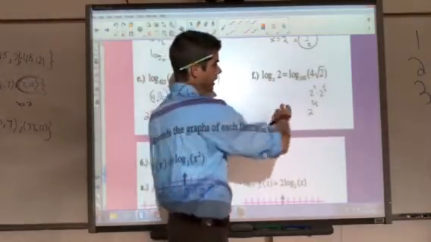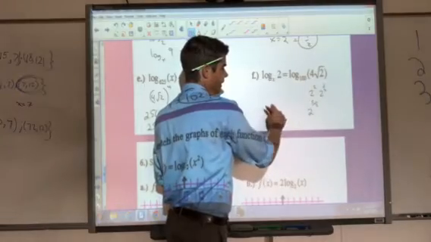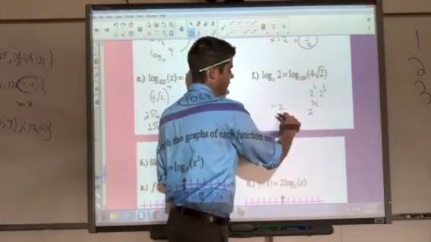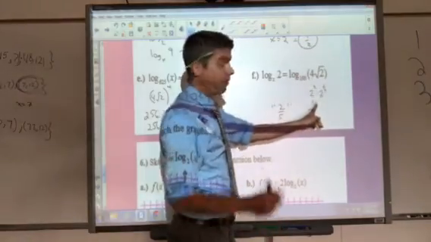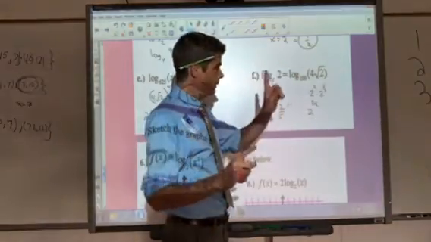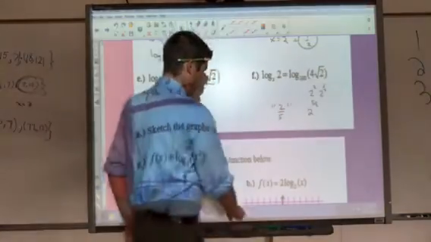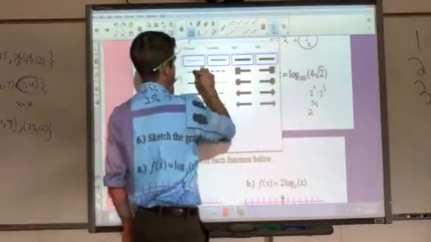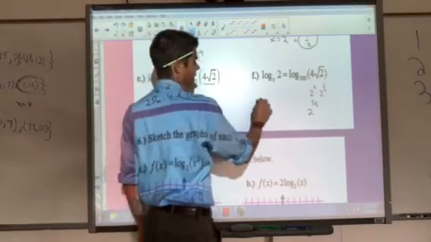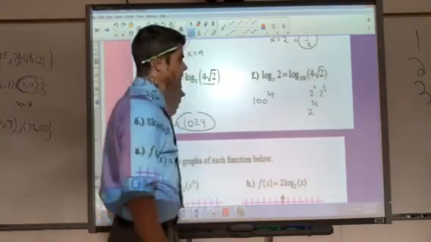So to undo that, you're technically imposing the 2/5 power. Because if I raise this to the 2/5 power, it would cancel by reciprocals and it'd be a 1. So I need 100 to the 2/5 power. And if it doesn't simplify, I could probably leave it as 100 to the 2/5 power.